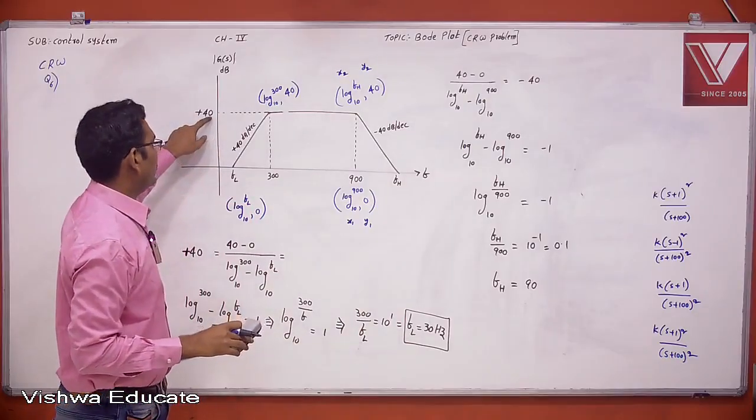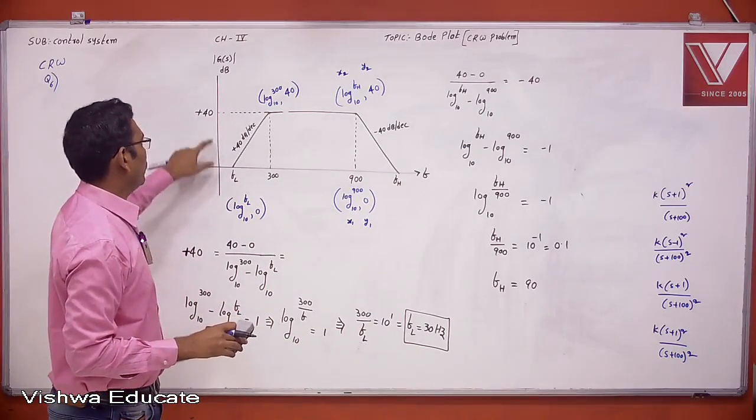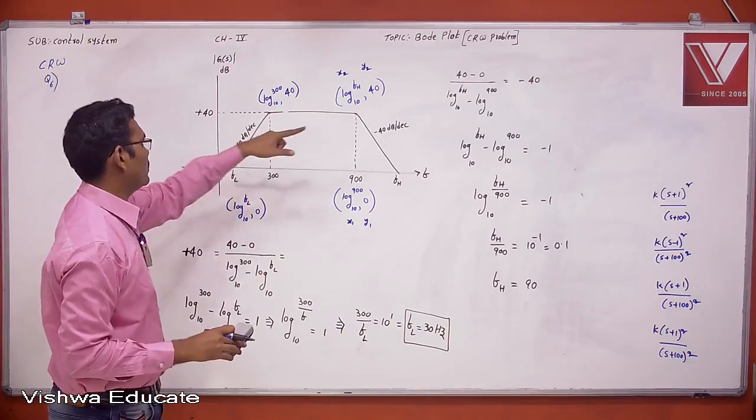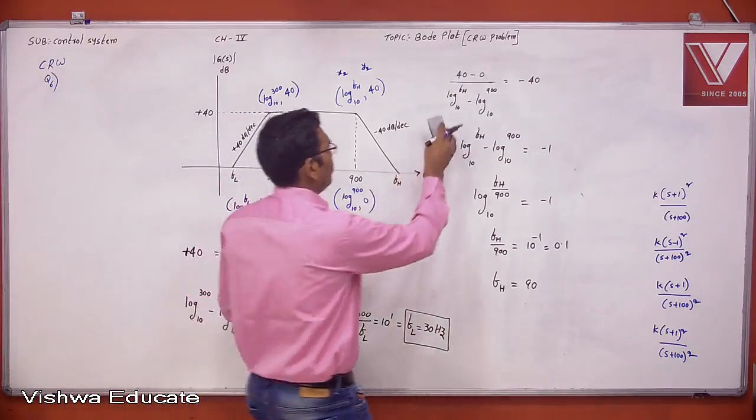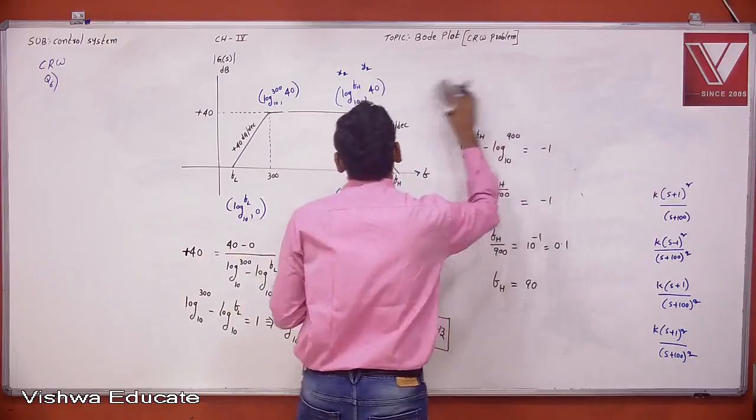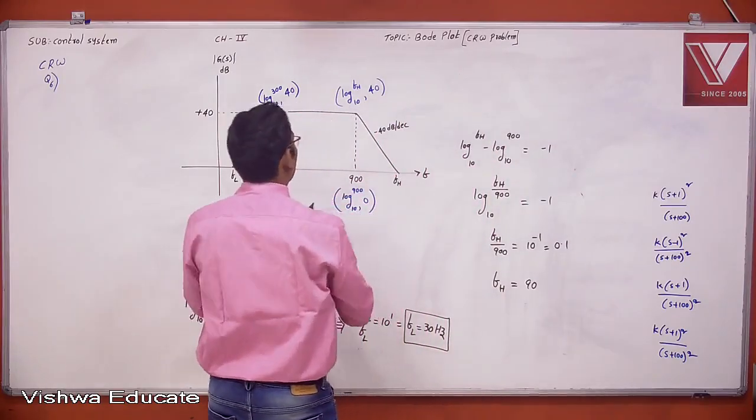Now this is 40 minus 0. If I take it like this, 40 minus 0, because this is minus 40 dB per decade, therefore I can take the reverse.